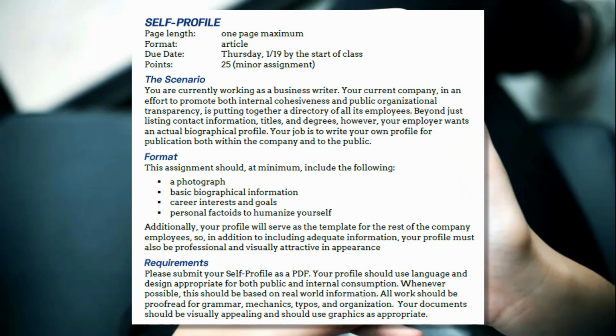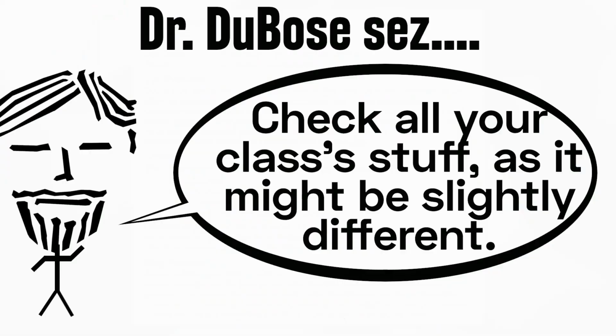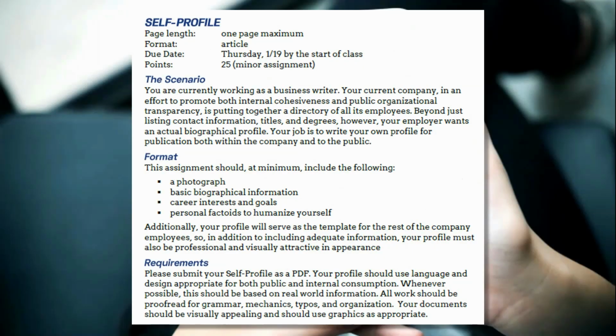And the assignment sheet goes on and gives you more detail on how you need to have this laid out. You want it to look good, be visually attractive. You're going to submit it as a PDF, and so on. Make sure you check out your class's specific major assignment sheet, as the information might be slightly different. Having your assignment look good with a nice photo and laid out well is going to be important.